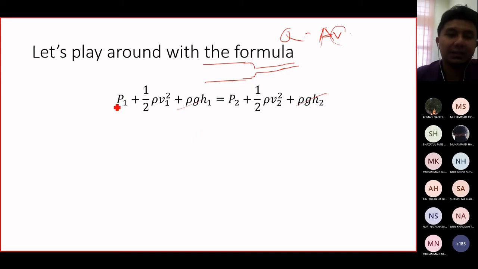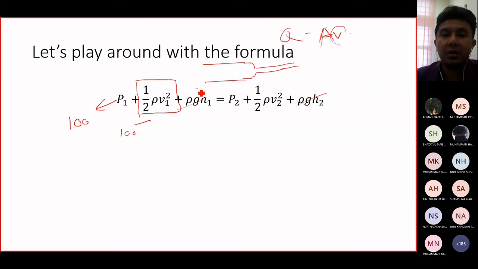So now imagine, let's say the pressure here is 100 and this part here is also 100. The potential energy term is 0, because we cancel it off. And suddenly, let's say the pressure here is 50. But the total must be equal.